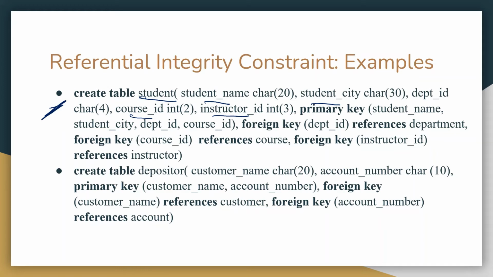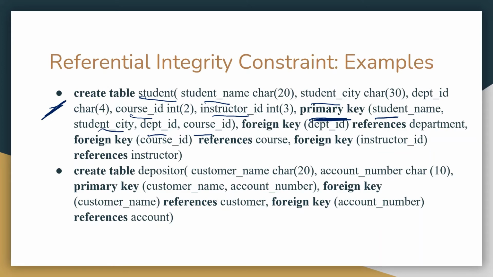But in this case we assume that a course can be taught by two instructors, and for a particular section, generally the same instructor teaches a course in a particular year. So in this case the primary key for this example is a combination of student name, student city, department ID and course ID.